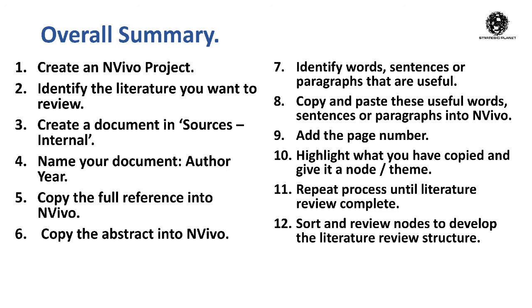Highlight the complete text you have added, then give it a node or a theme. Remember, right click on your mouse to do this. 11. Continue until you complete the whole review. And then finally 12, sort all your themes and nodes, then structure an appropriate literature review for your work.